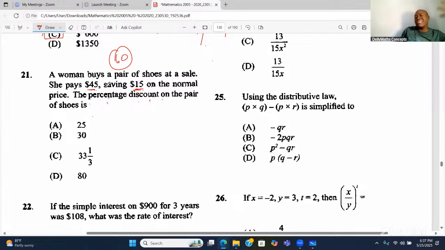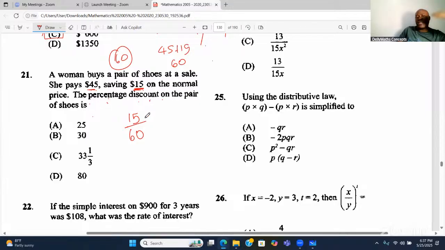So what is the discount that she would have gotten? You could see that she saved 15. So it is 15 out of the 60 because the real price was 60. They told us that she saved 15. So if you add this, it's going to tell you what the real price was.